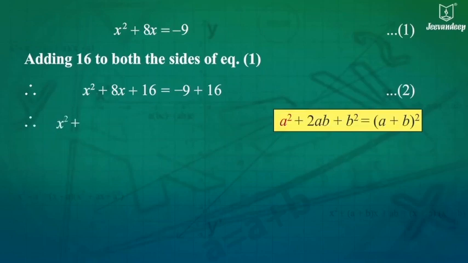Adding 16 to both the sides of equation 1, we get x square plus 8x plus 16 equals to minus 9 plus 16. Equation 2. x plus 4 whole square is equal to 7. Equation 3.